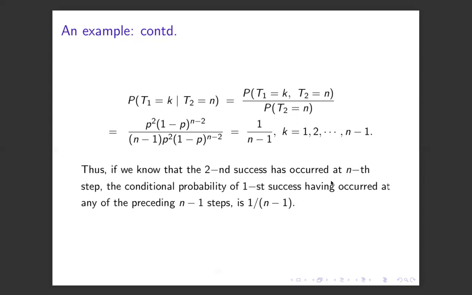Thus, if we know that the second success has occurred at the nth step, the conditional probability of the first success having occurred at any of the preceding n minus 1 steps is 1 over n minus 1.